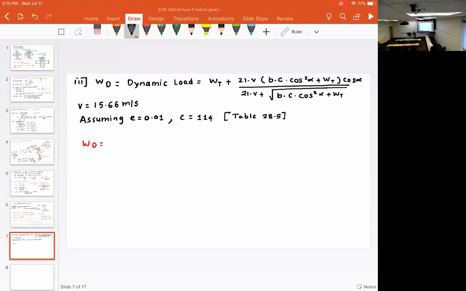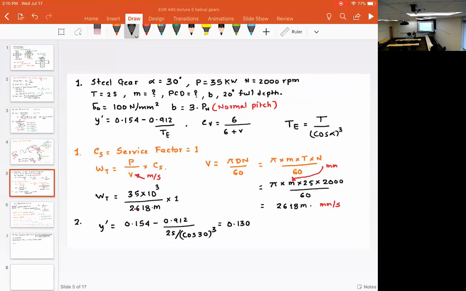Because remember, it's 13. So this is the equation. WT is 3510 to the power 3 divided by 2.61 multiplied by m in millimeter.